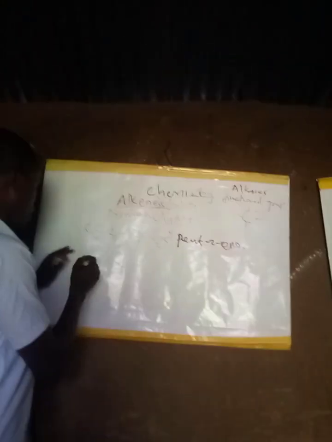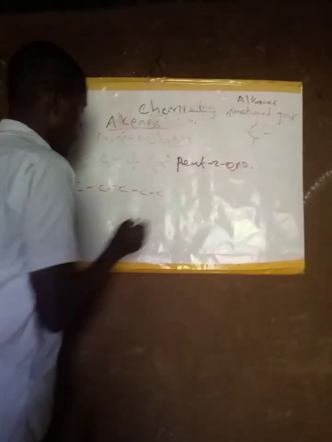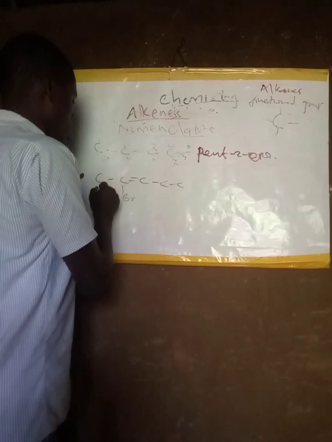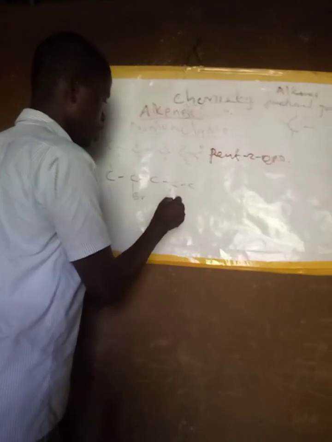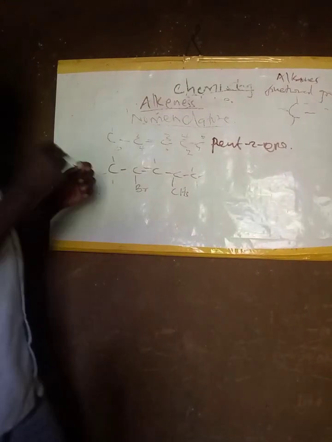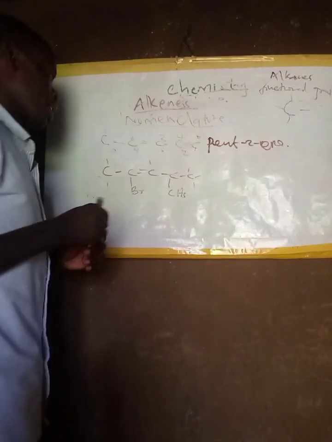Then identifying the substituents is another rule. For example, this is another compound. We have substituents attached on it. So for this one, you identify the longest continuous carbon chain, which will give the parent name.